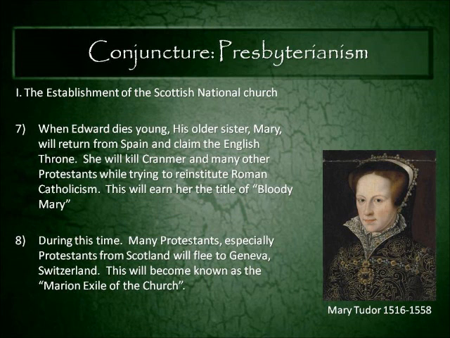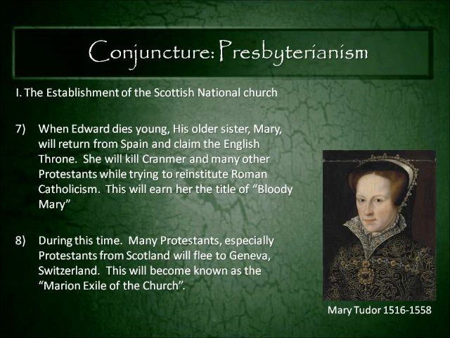Now, to add to the shenanigans, I'd like to note that not only is Edward VI young when he becomes king, he is also a sickly and frail child, and he will die young as well. And so when he dies, his older sister from Henry VIII's first marriage, Mary, will return from Spain and claim the English throne.